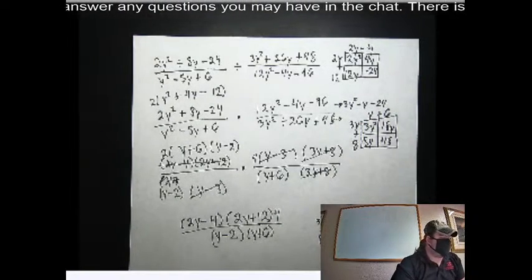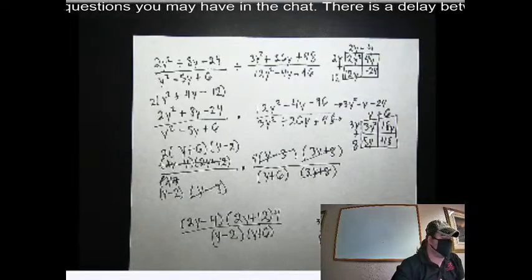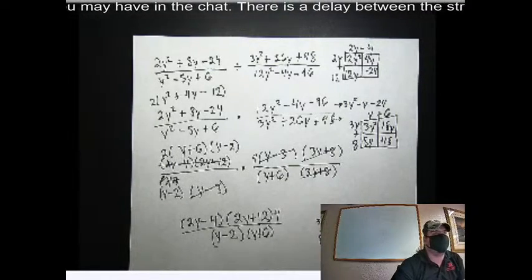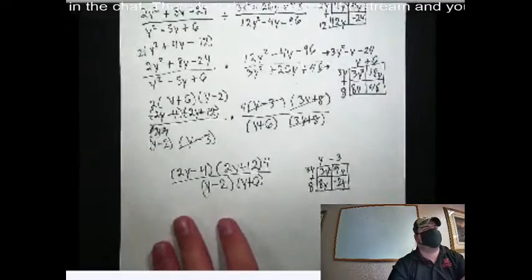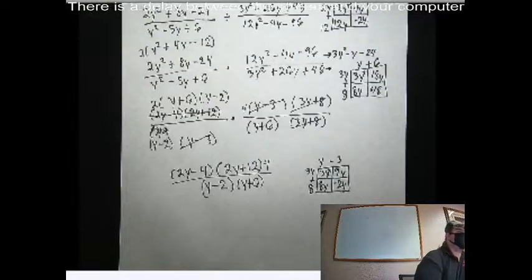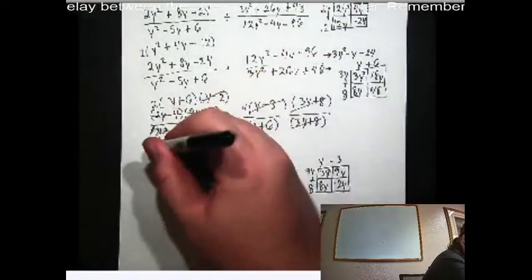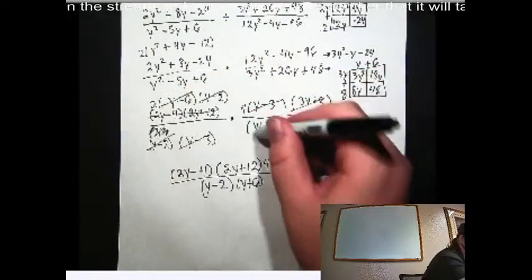Now let's try canceling some more things. Do we see anywhere else that we can cancel? Yes. y minus 2 can cancel. y plus 6 can cancel.